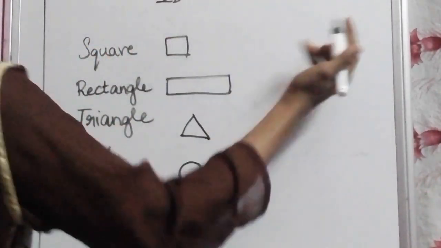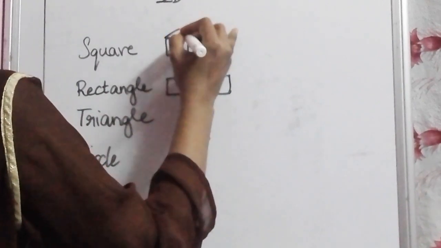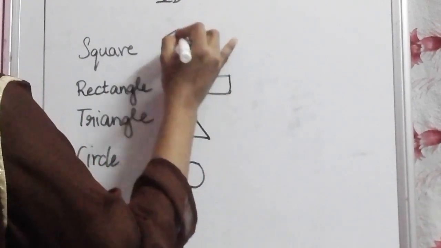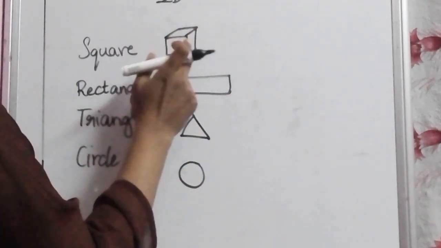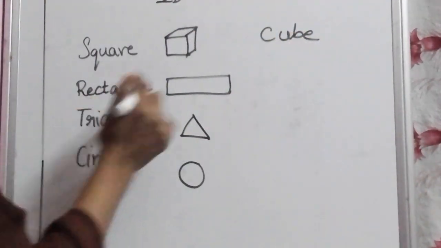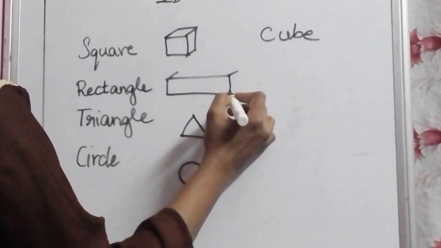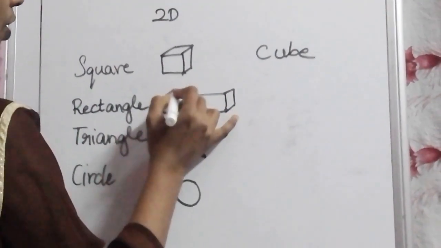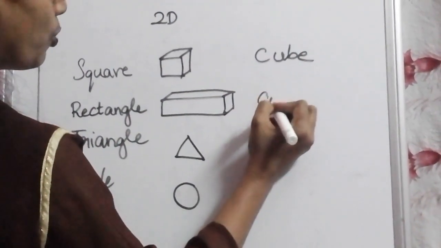The same, when it becomes a three-dimensional shape. This is a three-dimensional shape and it is a cube. Rectangle, when it becomes three-dimensional, it is a cuboid.